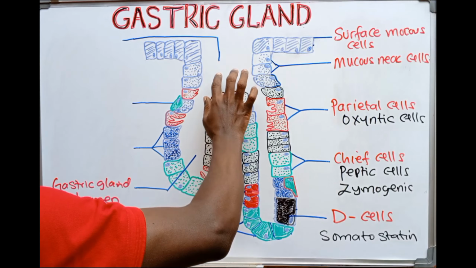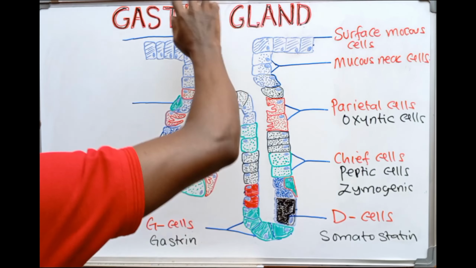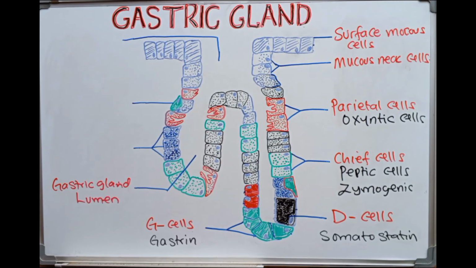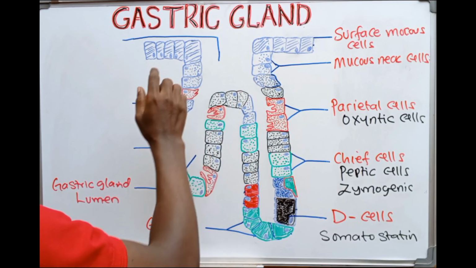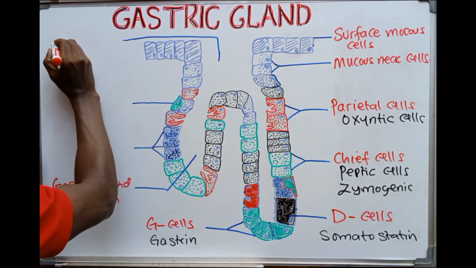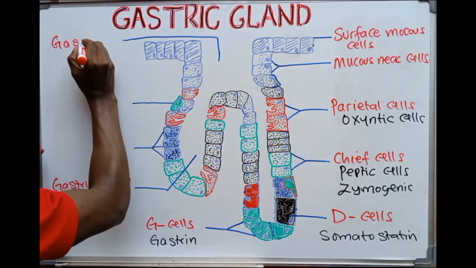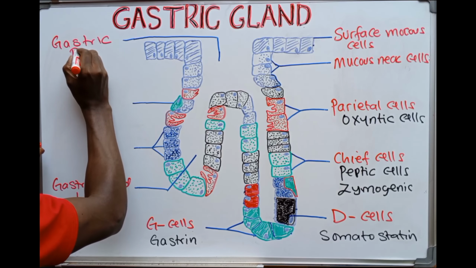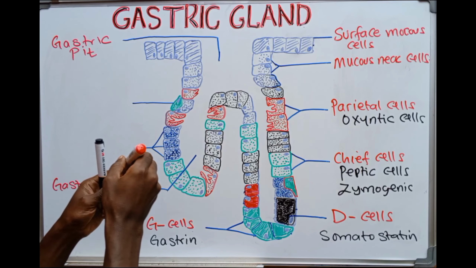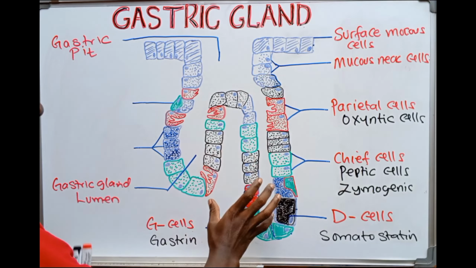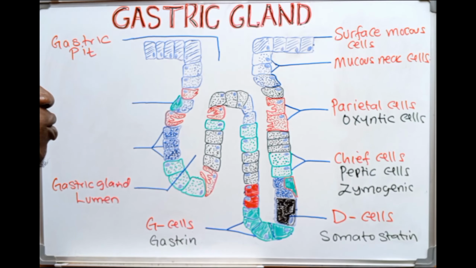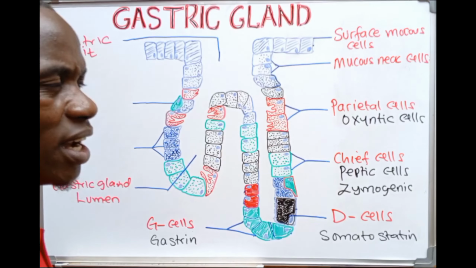Super important, it allows the movement of these secretions into the gastric lumen. This tube is what we call the gastric pit. Super important. That's going to allow these secretions to flow into the gastric lumen to go and do their different functions.